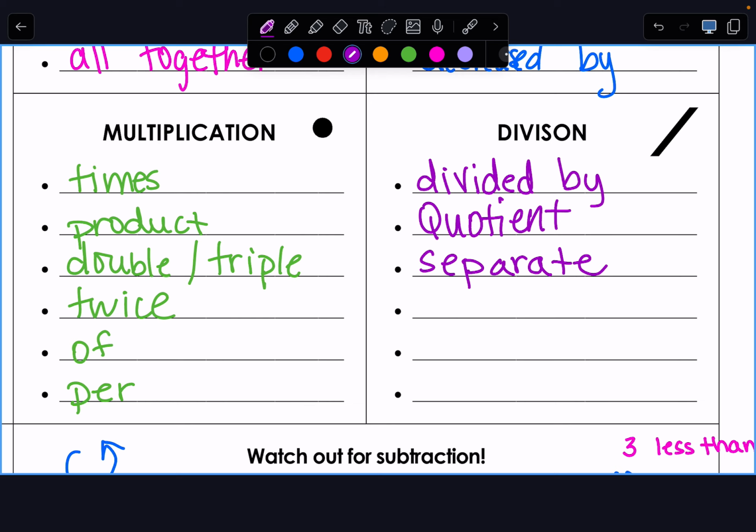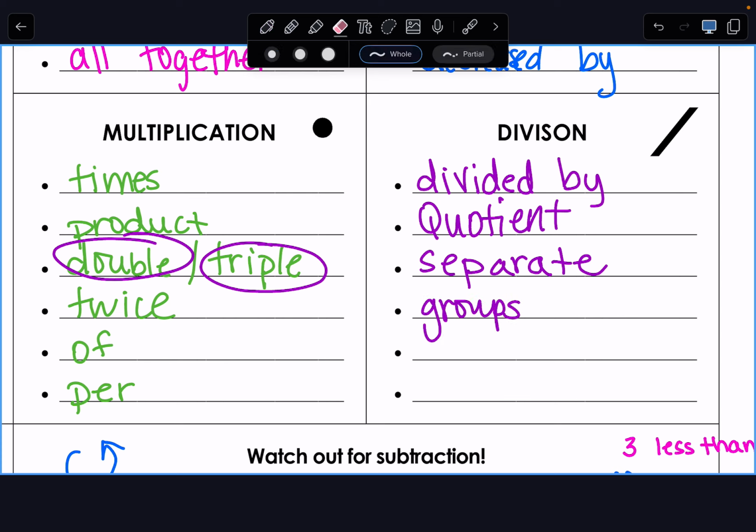Okay. What would be a division word that is a lot like double and triple? What'd you say? Groups. Okay, if we're breaking up into groups. But what about like double and triple? What is a word that would be like the inverse of that?